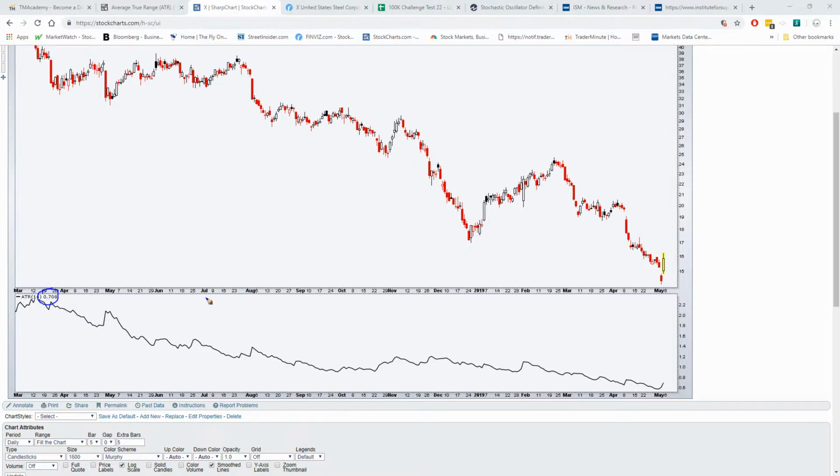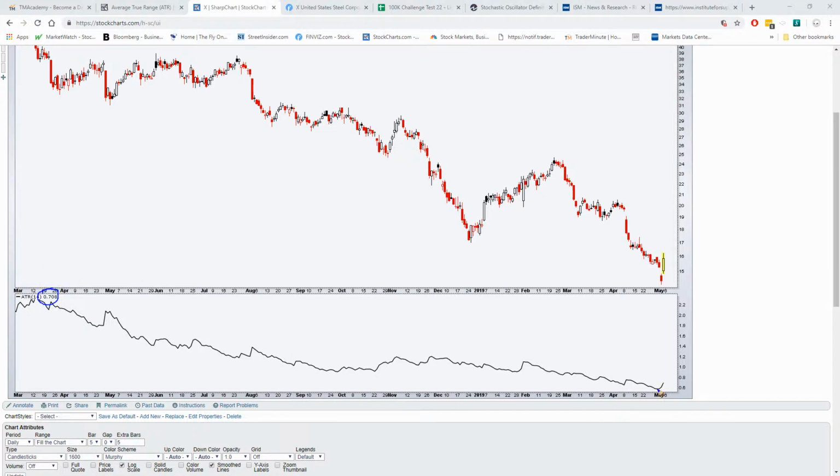That means you can expect on a daily basis that the difference between the high and the low in the stock is going to be about 70 cents. That's not crazy for a $15, $16 stock, but that's a pretty good percentage.